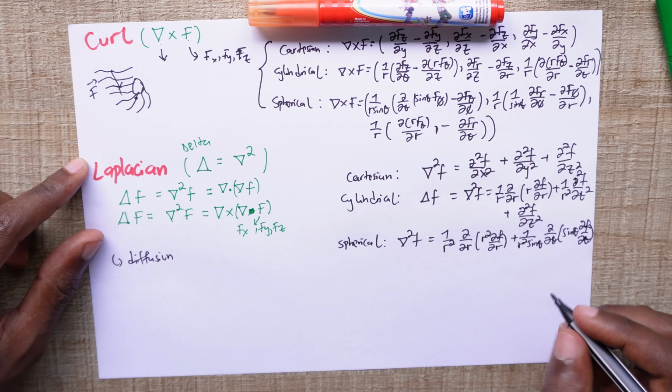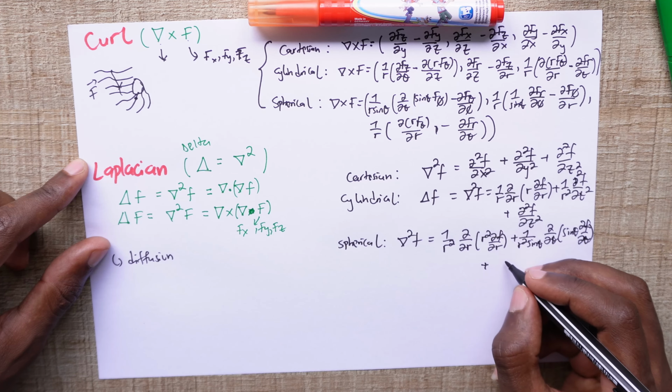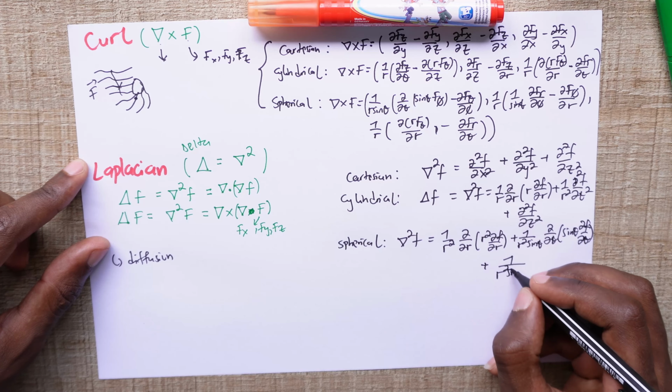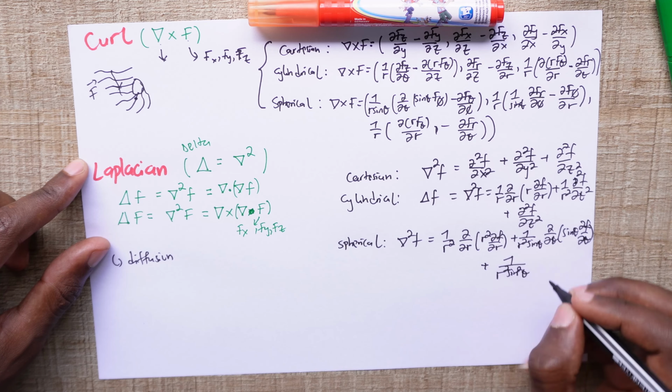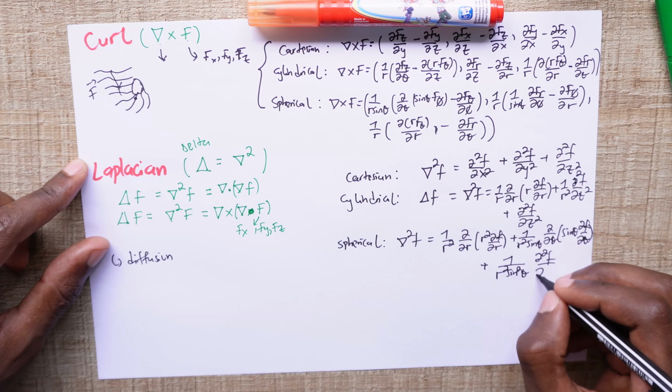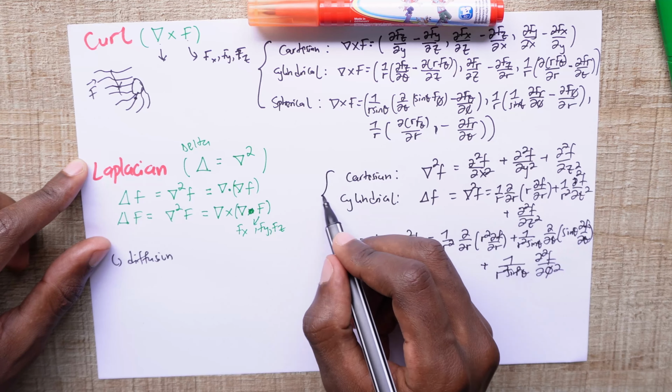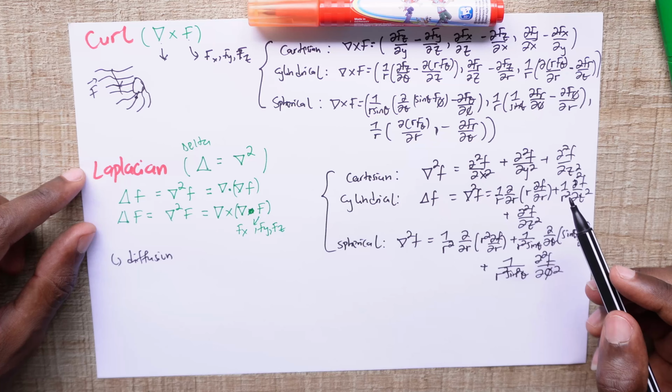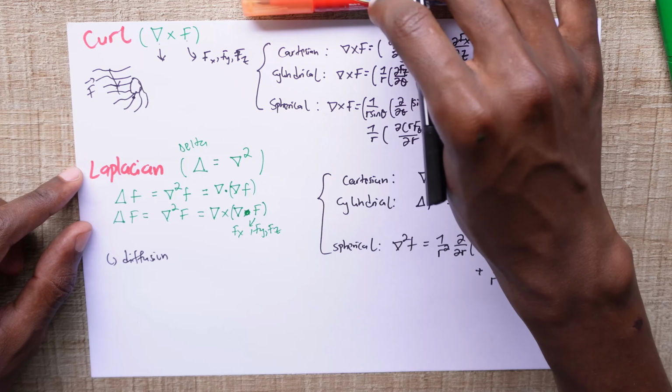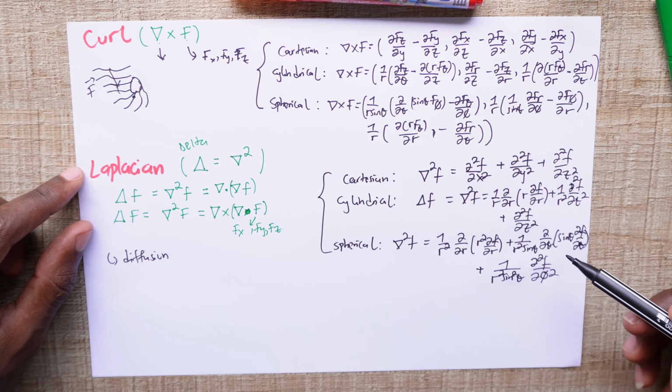It's very similar to what we saw before, plus 1 over r squared sine squared theta del squared f by del phi squared. So these are the expressions of the Laplacian in each coordinate system.